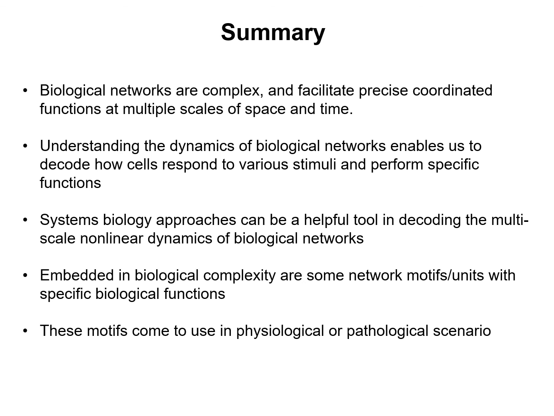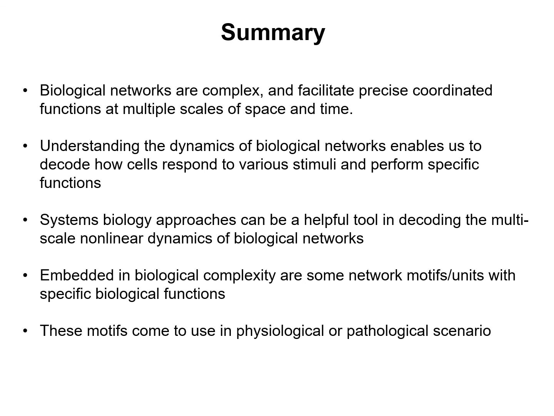Similarly, positive feedback loops have a response of amplification during childbirth or during blood clotting, which are homeostatic or physiological conditions, but cancer cells can also use these kinds of feedback loops during the process of metastasis. The other feedback loop that we talked about is the double negative or mutually inhibitory feedback loop, which enables cells to switch from one state to another and take a decision at a given point of time, seen in development, also seen in cancer.